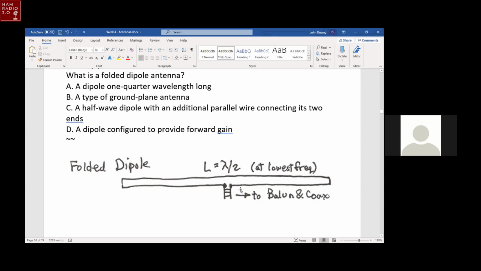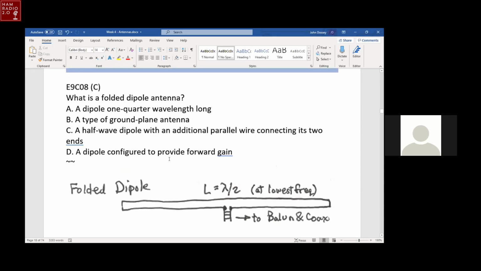And if you cut this length, the total length, at a half wavelength at the lowest frequency, which in our area was like 60 megahertz, it'll pick up to 3 or 4 times that wavelength and be good for FM radio and TV stations just from this one antenna. But it has to be cut at a half wavelength at the lowest frequency.